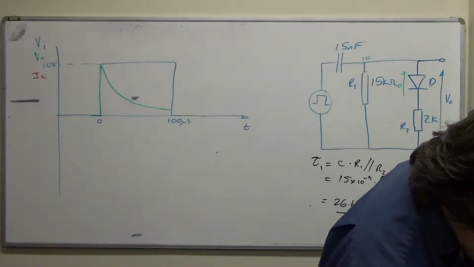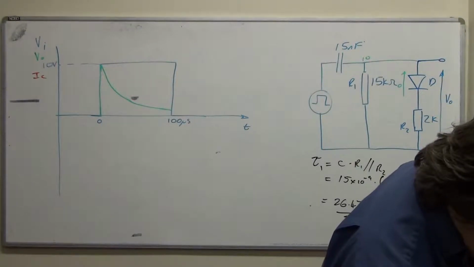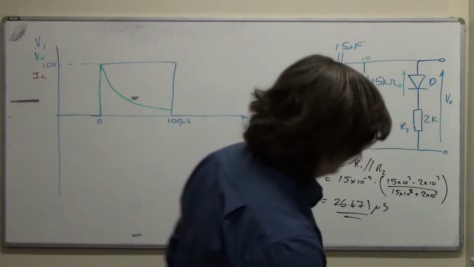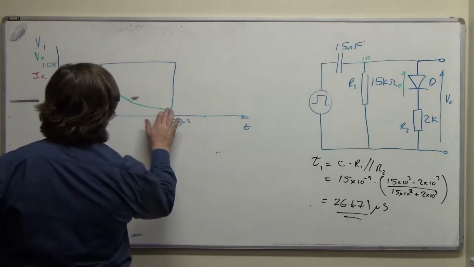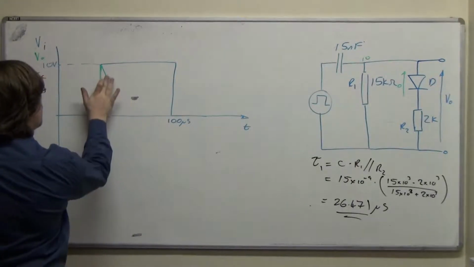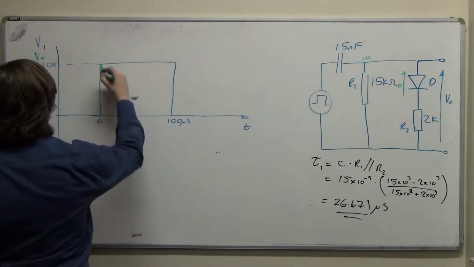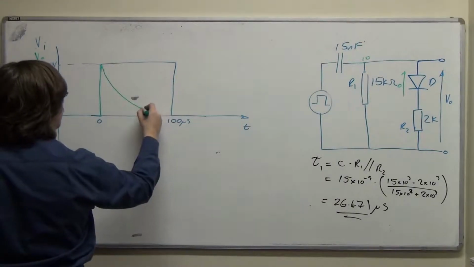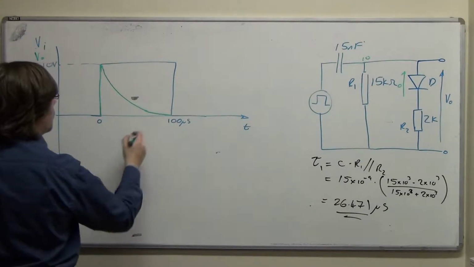In the answer we give, we assume it basically gets to minus 10 volts, which is more or less true. To avoid making the question too difficult, we'll assume that means pretty much all the way.